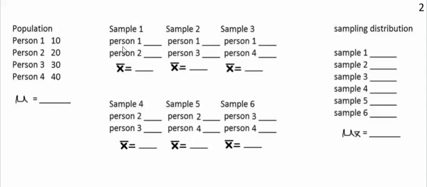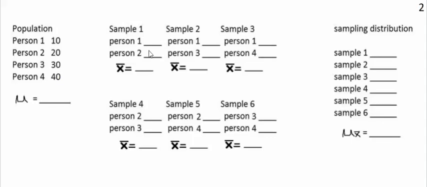So fill in the ages of person 1 and person 2, the ages of person 1 and person 3, and person 1 and person 4, using these 4 ages right here. So 1 and 2 would be 10 and 20, 1 and 3 would be 10 and 30, and so on. Once you fill in all of the ages, calculate the mean of each possible sample.